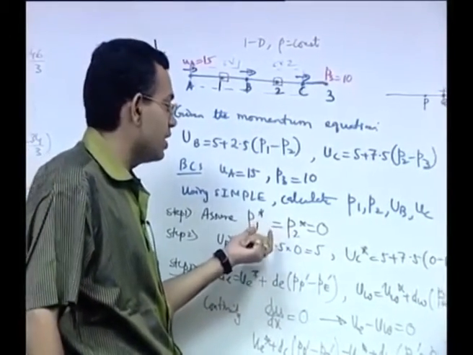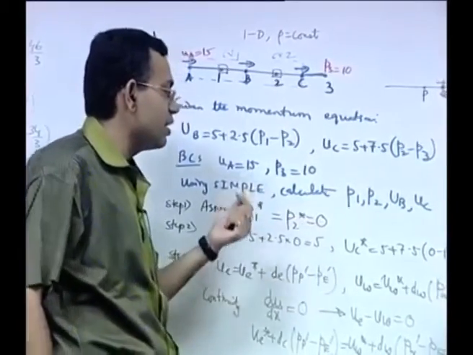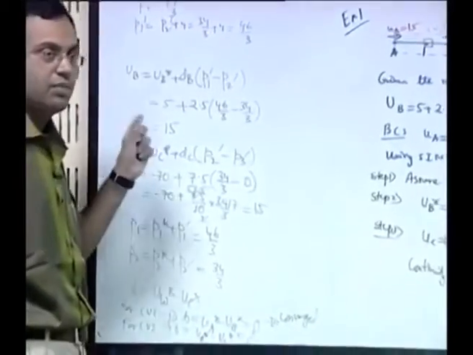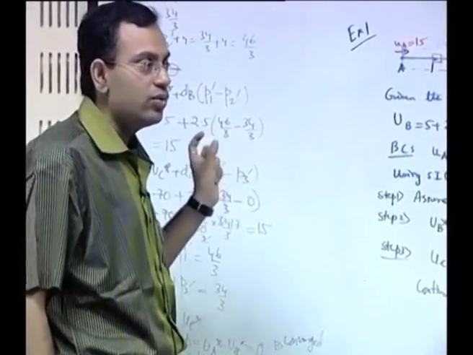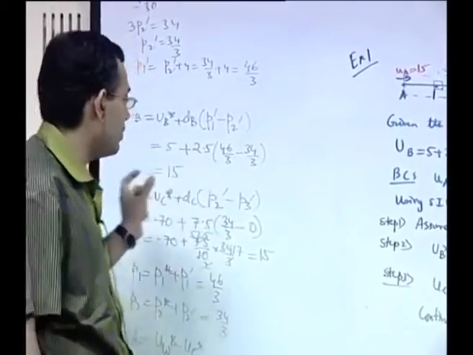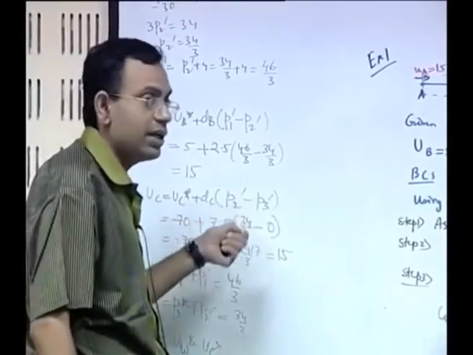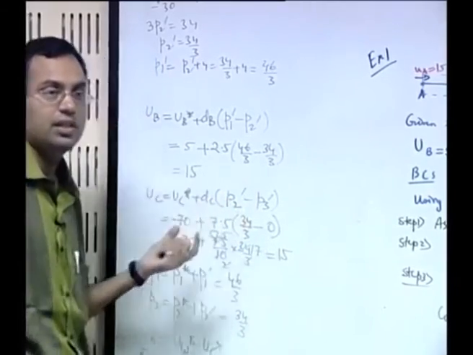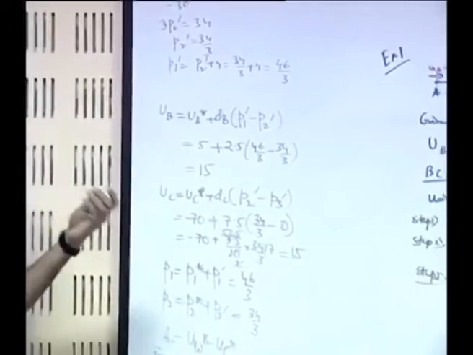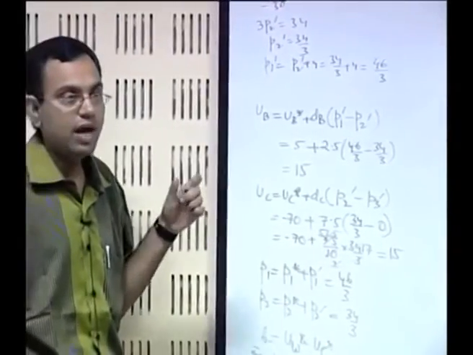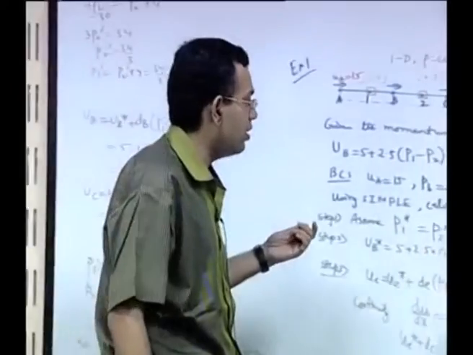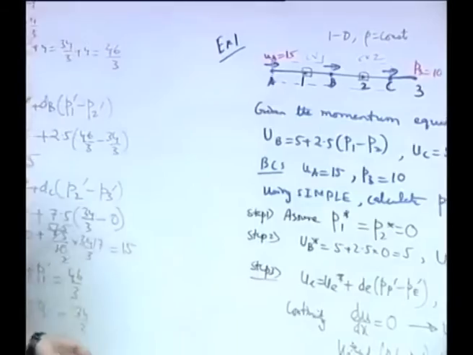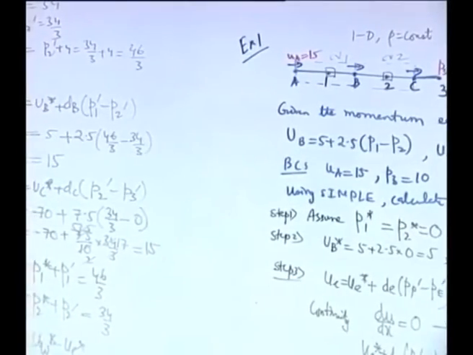So if you would have guessed something different, the final values of pressure corrections may be different, but the differences in pressure corrections will still remain the same. The velocities will remain the same, just the values may change depending on how you start with your initial guess. Okay. Let us work out another problem.